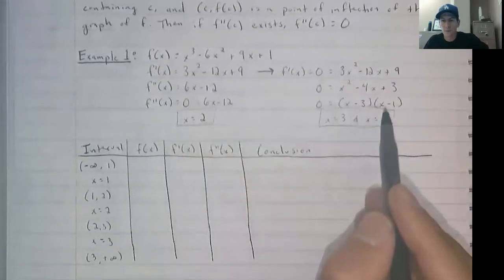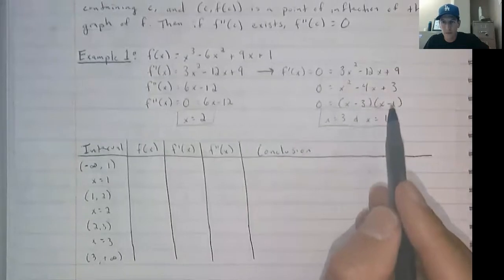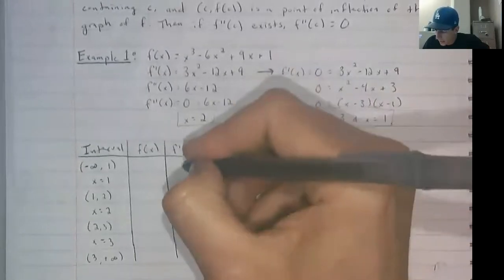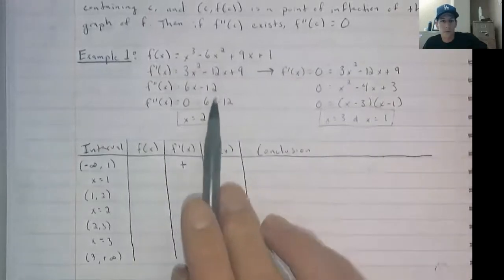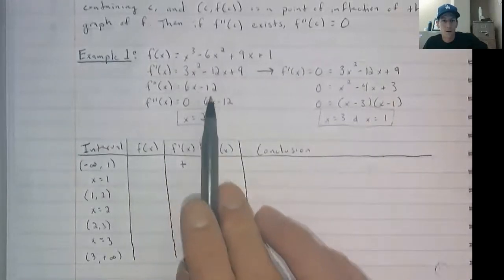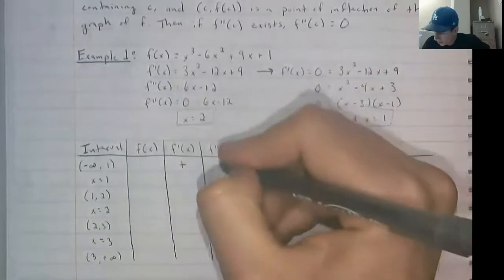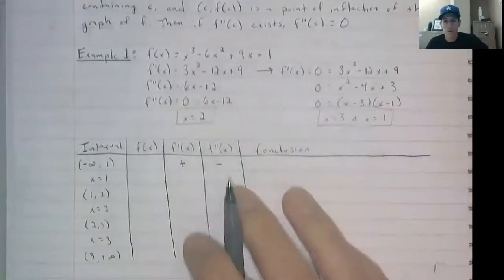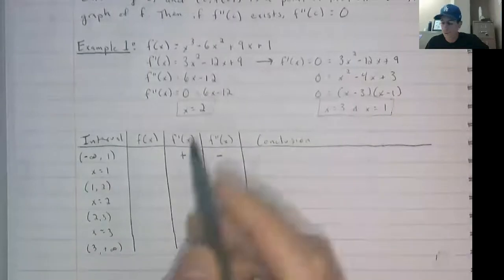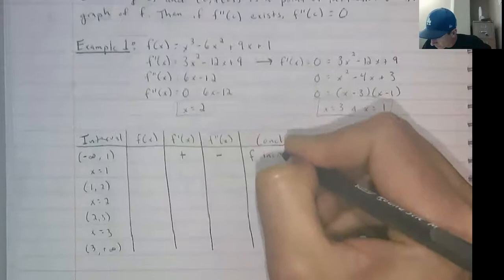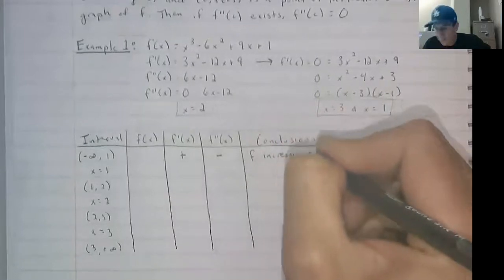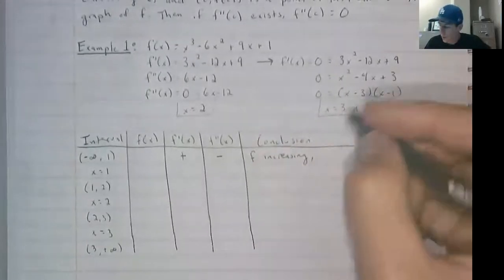So for less than 1, this will be negative, this will be negative, so that'll be a positive first derivative. For our second derivative, if x is less than 1, this is going to be negative. And so the conclusion we can make here is that with our positive first derivative, f is increasing, but with our negative second derivative, f is concave down.